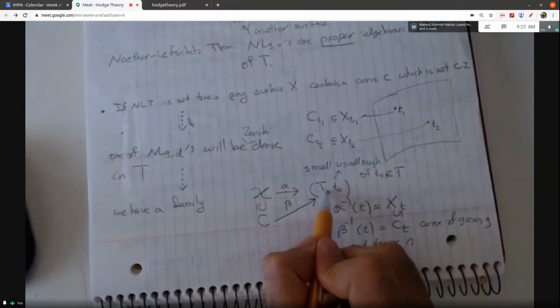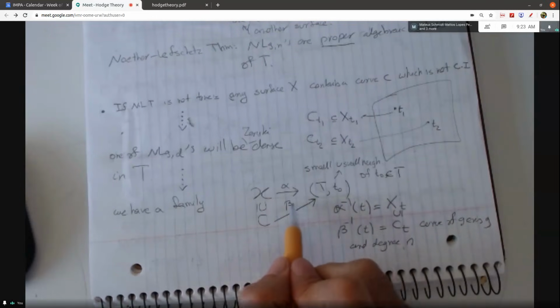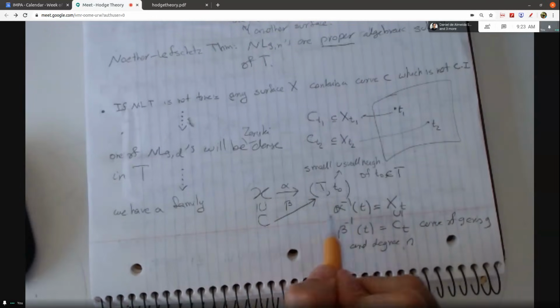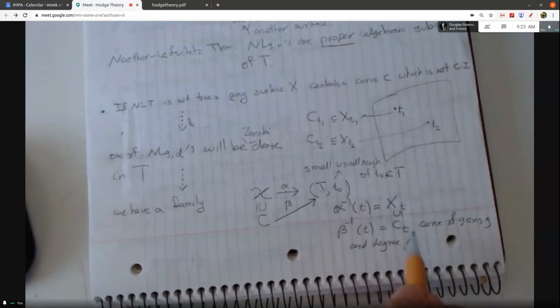Anyway, and remember that this is the whole parameter space of surfaces. So this means that at the end we will get a family of surfaces, parameterized by T, and also a family of curves inside Xt.